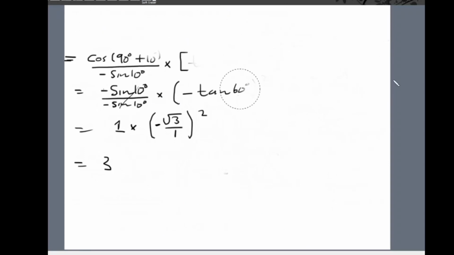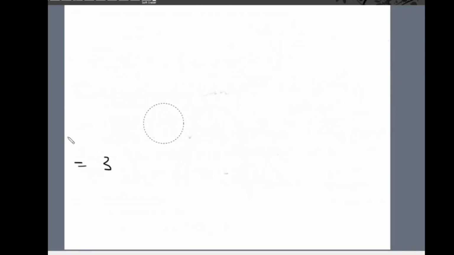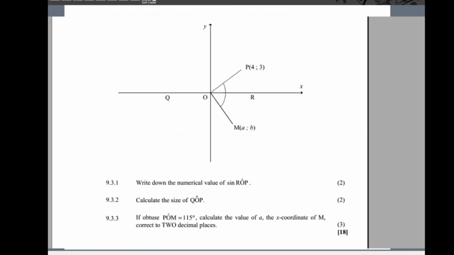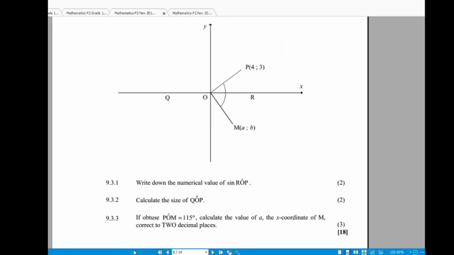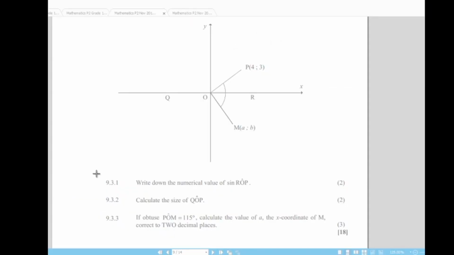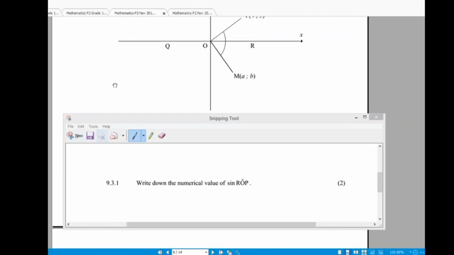I'll create my own triangle that will enable me to calculate sine ROP.